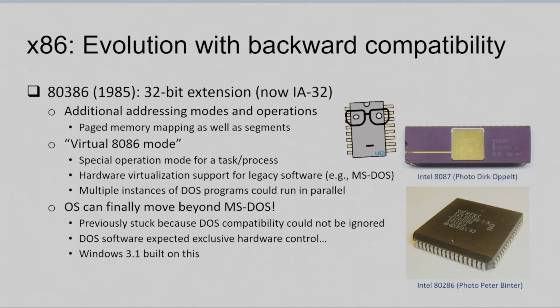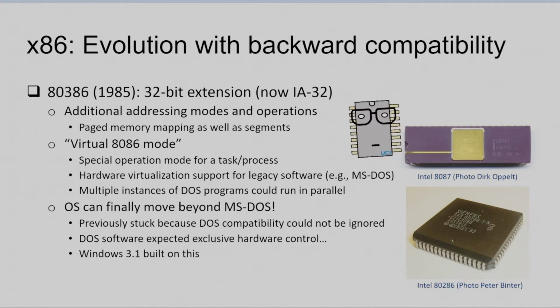From the point of view of, say, MS-DOS running in virtual 8086 mode, as far as it's concerned, there was no 386 processor on top of it. It's running in its own 16-bit memory space with its own exclusive access to memory and systems, which meant multiple instances of DOS programs.